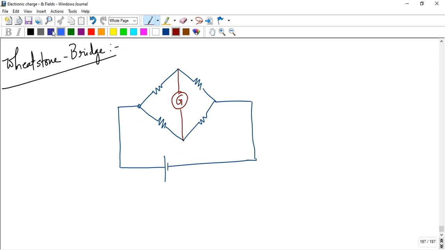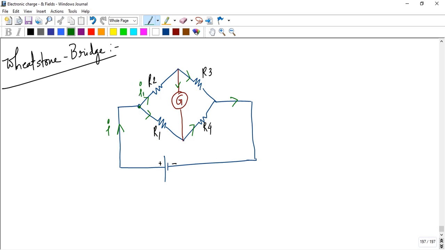The resistances are named, suppose, R1, R2, R3, R4. There is a battery, with a positive terminal and a negative terminal, so that gives the current direction. There is a current I here, and this is called I1.